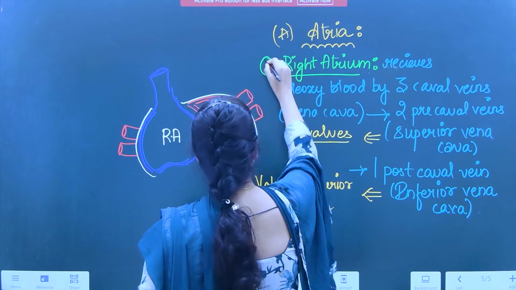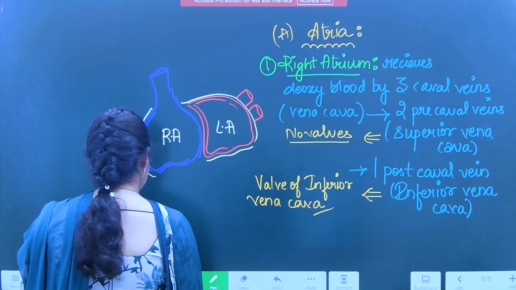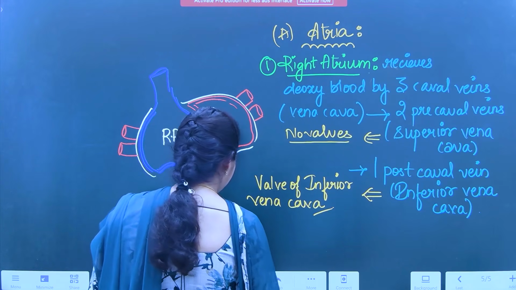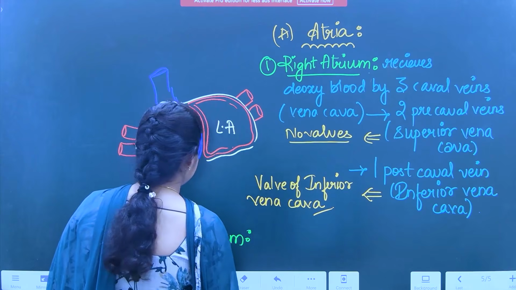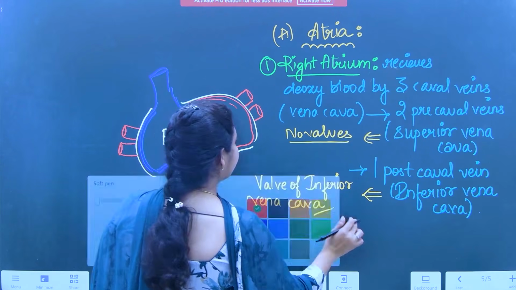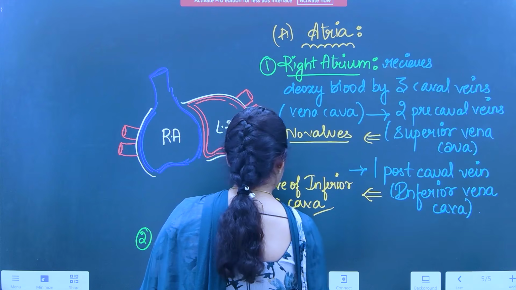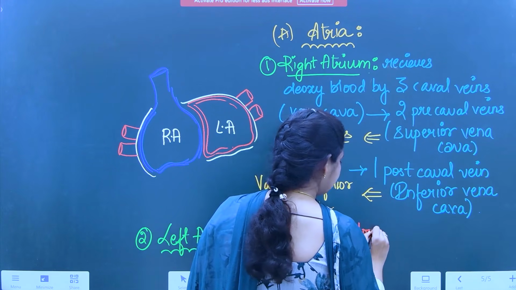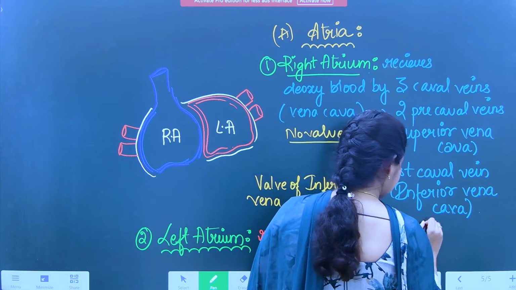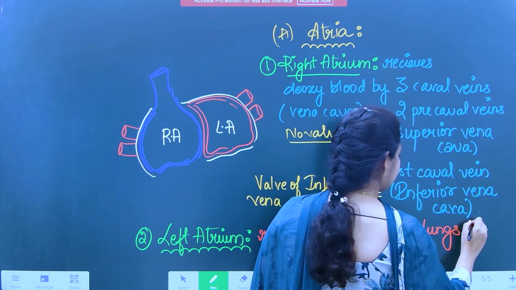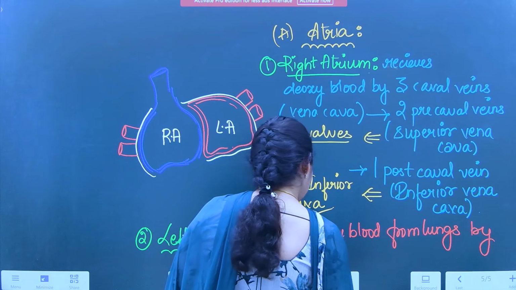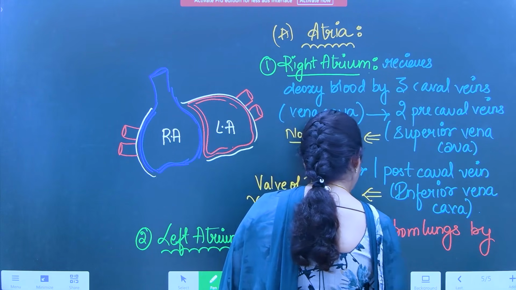Okay. Now the second one, that is the left atrium. Nothing much to learn about the left atrium. Which blood does the left atrium receive? The left atrium receives obviously oxygenated blood from the lungs by pulmonary veins.